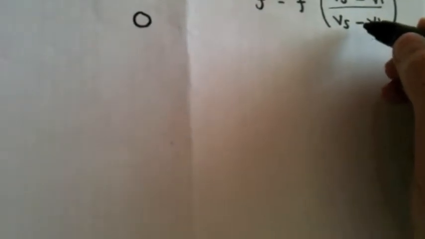So the perceived frequency is the frequency emitted by the bat times the velocity of the sound minus the velocity of the insect, because it's moving away from the source, over the velocity of the sound minus the velocity of the bat, because it's moving towards the observer.